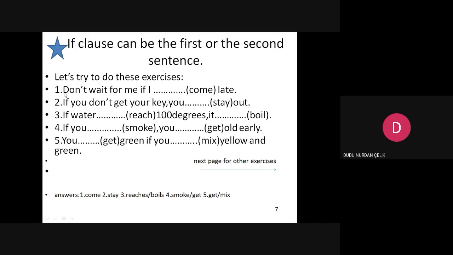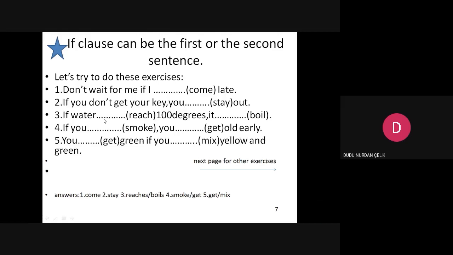I want you to give your answers first. Don't look at the answer key, please. Don't wait for me if the verb is come, late. The verb is going to be used in simple present tense, so we say come. That's right. Don't wait for me if I come late. The second one is, if you don't get your key, you stay out, of course, in simple present.